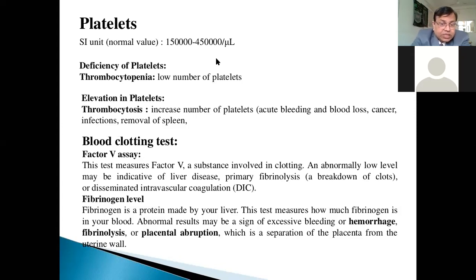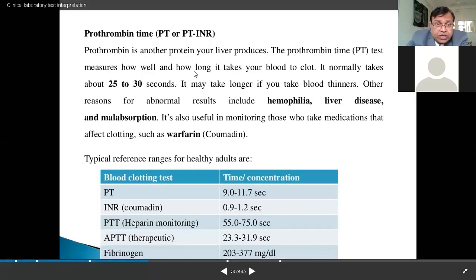An abnormal result may be a sign of excessive bleeding or hemorrhage, fibrinolysis, or placental abruption, which is the separation of the placenta from the uterine wall. This fibrinogen level plays an important role in blood clotting.